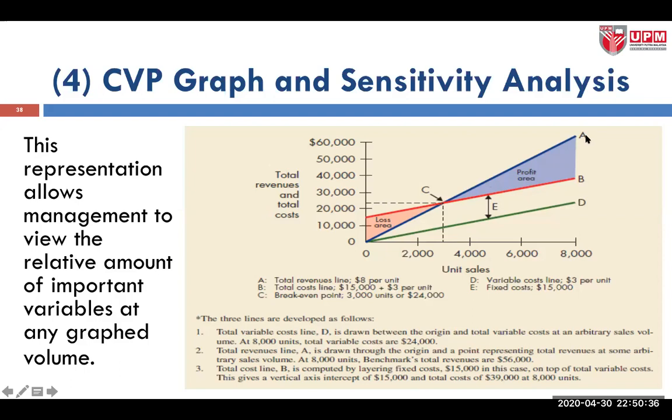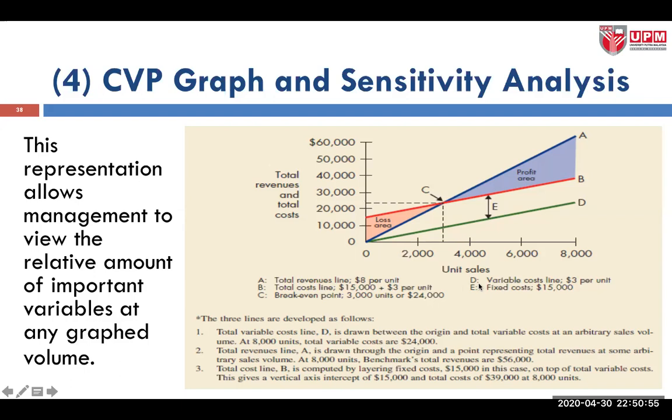So A is the total revenue line, $8 per unit. B is the total cost line, 15,000 plus $3 per unit. Okay, this is the red line. Break even point is at 3,000 units or 24,000 revenue.